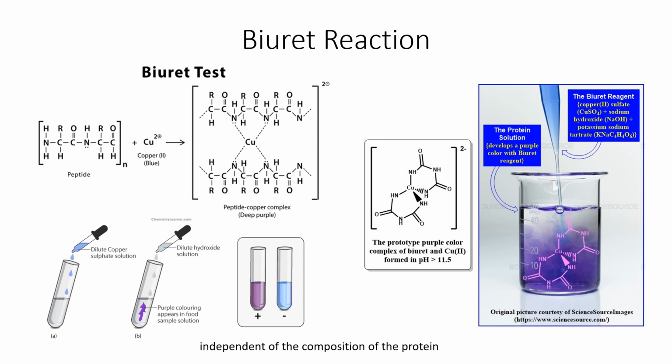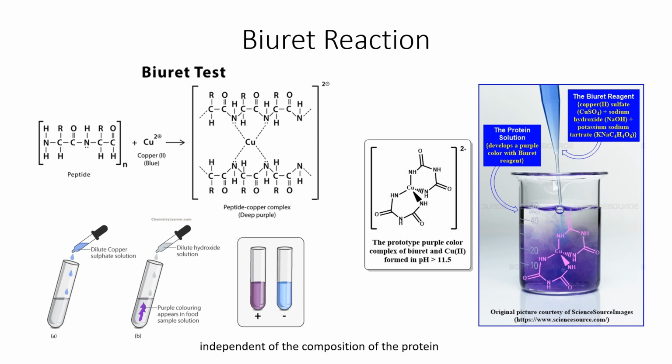In this reaction, you add copper sulfate to a protein solution in strong alkaline solution, then a purple violet color will be produced, and this results from the complex formation between the cupric ion and the peptide bond. Color is produced by the formation of a protein copper tartrate complex, like you see here.